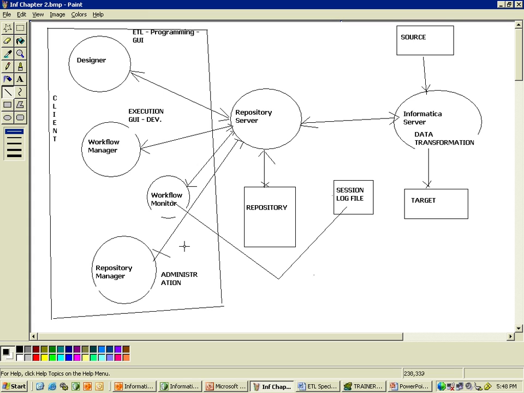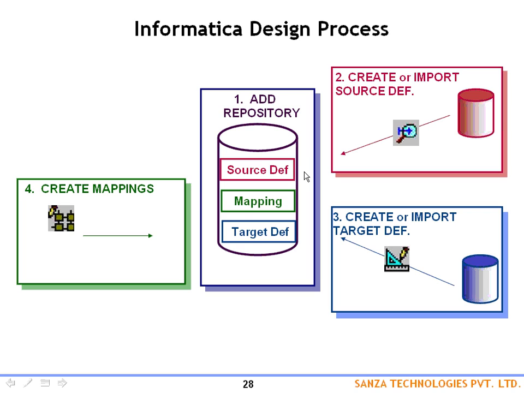Now we want to develop the program using the designer tool. The complete process of ETL steps is, first, add a repository. In the previous chapter, we showed you how to add a repository in the designer tool.